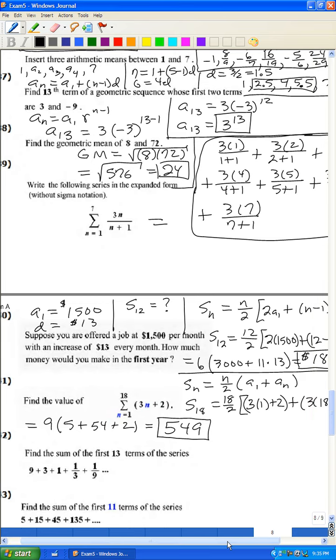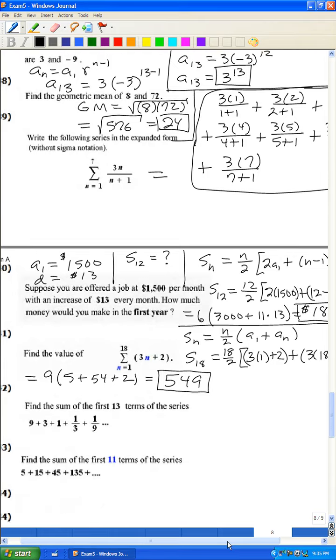And that's your answer. Let's figure out the sum of the first 13 terms.